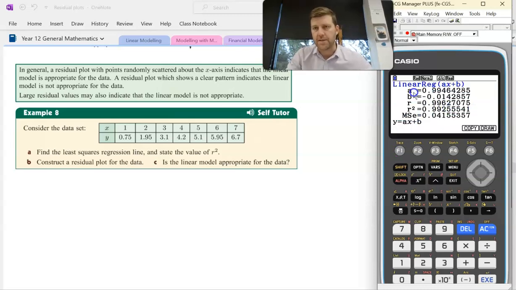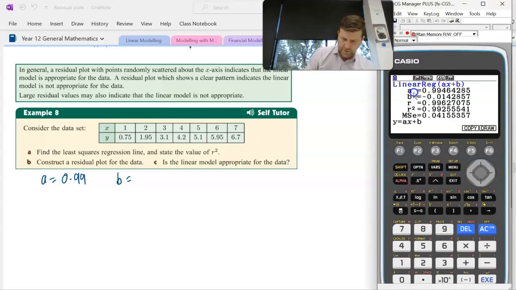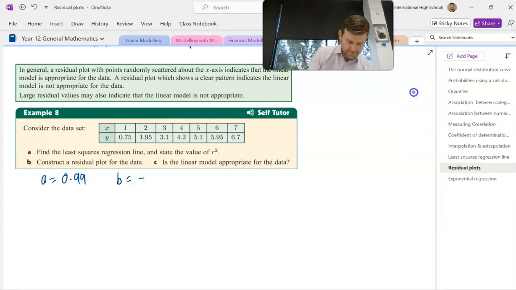So for the equation of the line, a is equal to 0.99 and b is equal to, in this case, negative 0.01. In the form y equals ax plus b, the equation of that least squares regression line is y equals 0.99x take 0.01.